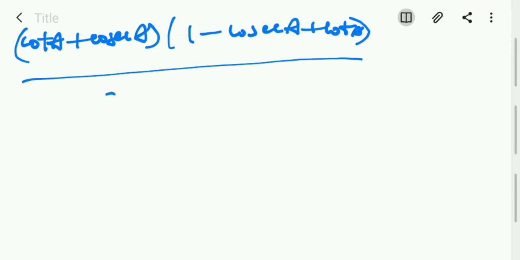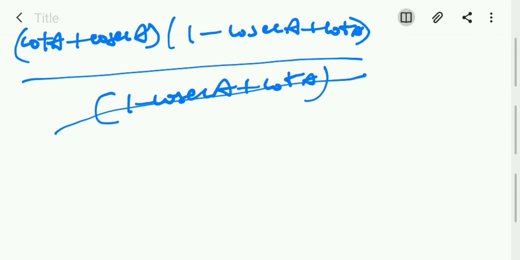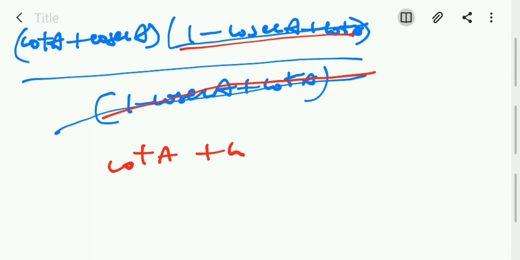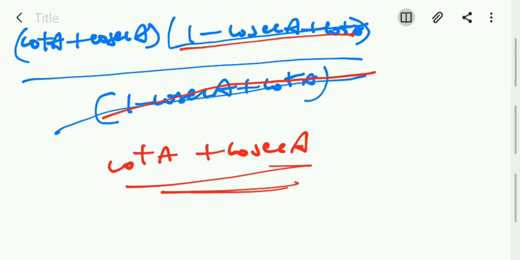And whole divided by 1 minus cosecant A plus cot A. This whole thing gets cancelled out. Please have a check over here. You will be left with cot A plus cosecant A, which is nothing but your RHS. So LHS is equal to RHS, hence proved.